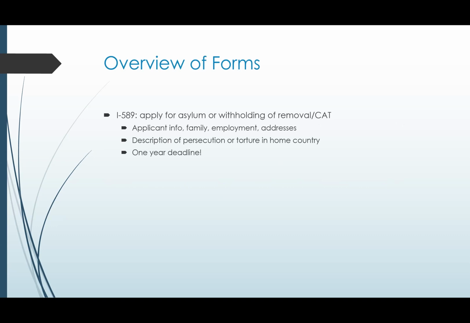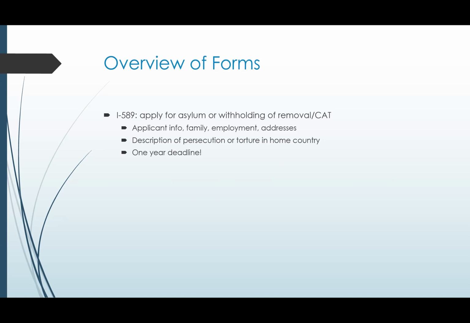The first form we're going to talk about today is the I-589, which is an application for asylum or withholding of removal, including withholding of removal under the Convention Against Torture. So essentially, this is asking about people who are asking for asylum from persecution or torture in their home country.